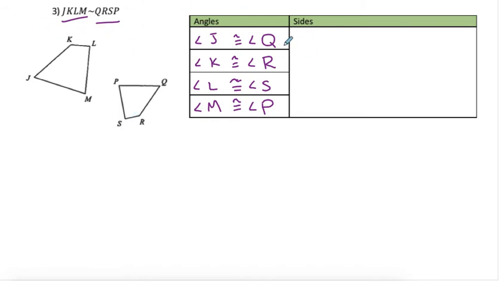The sides, now I'm going to pick 2 sides here, J to K. And I'm going to go in order. J to K is going to go with QR. And then I move it. Okay, so now J to K moves to KL, KL or QR moves to RS.